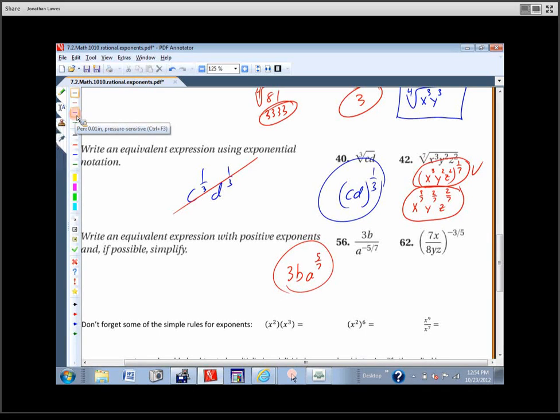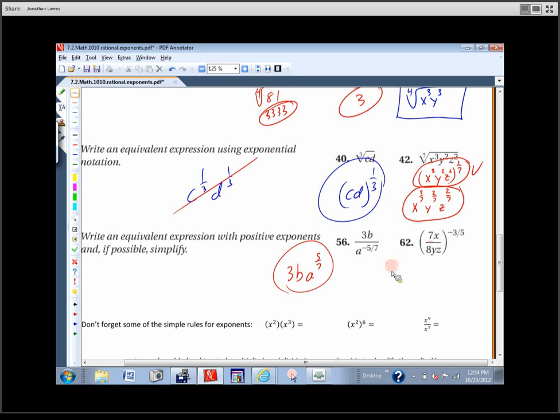The exponent is -3/5. So remember, there are three parts to every exponent: the sign, the numerator, and the denominator. What does the negative in the exponent mean? Does it have anything to do with the sign of the answer? No, it's not going to make the answer suddenly be negative. It literally means reciprocal. So I take this and flip it over.